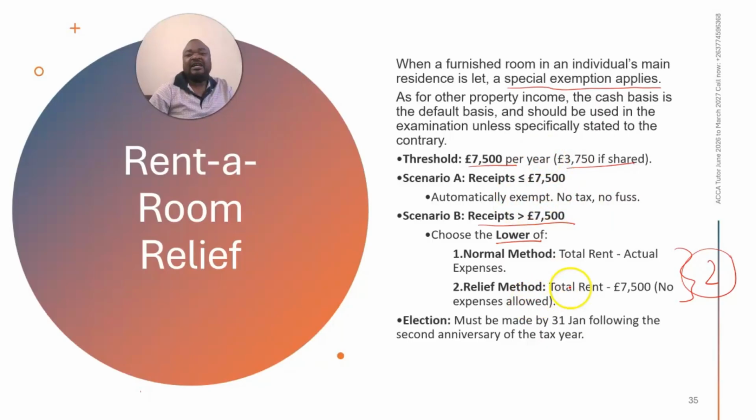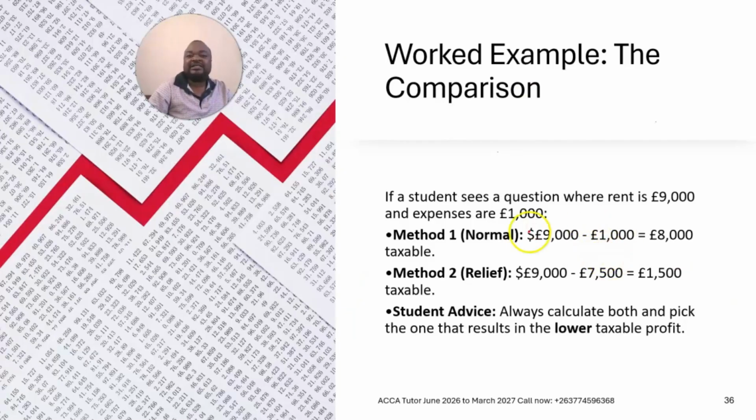But if the receipts are greater than 7,500, in this case £9,000, we have to pick a method that is going to give us a lower taxable profit. Remember, a higher taxable profit simply means that we're going to pay more tax. So we do both calculations.